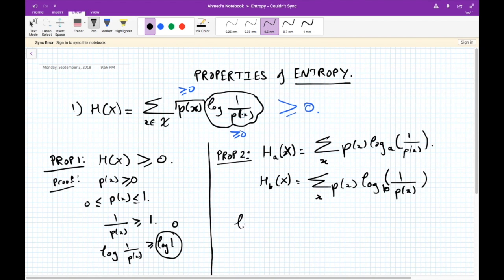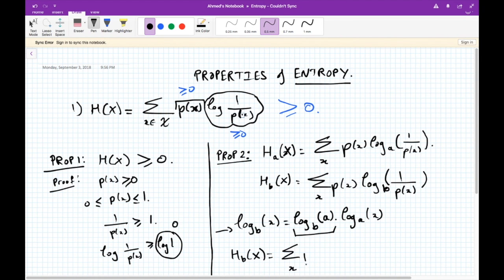So we all know that log base B of x is log base B of A times log base A of x, right? This is the constant. So using this property, you can go from H_B of x to H_A of x as follows. So it's the sum of P of x.